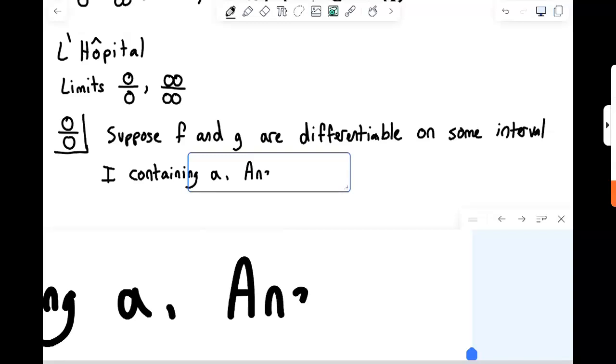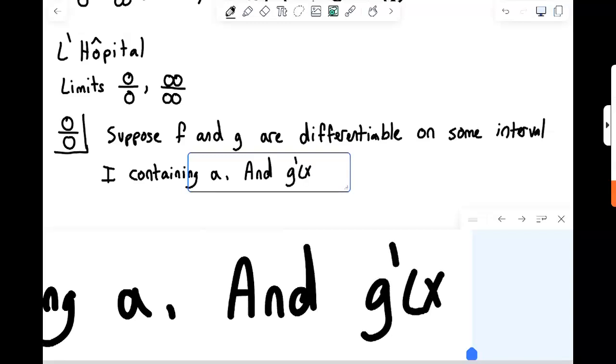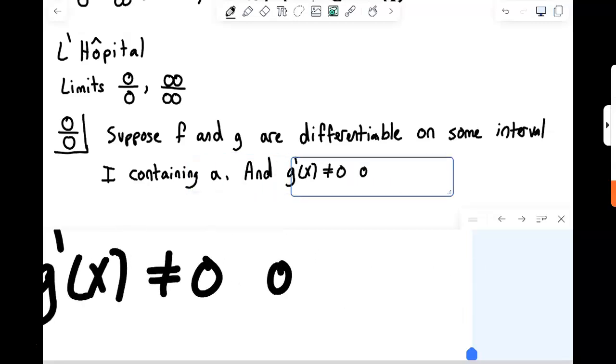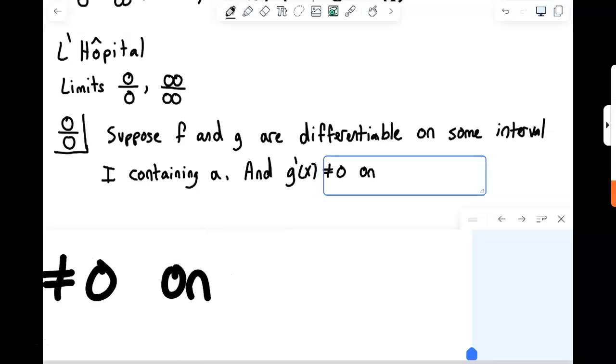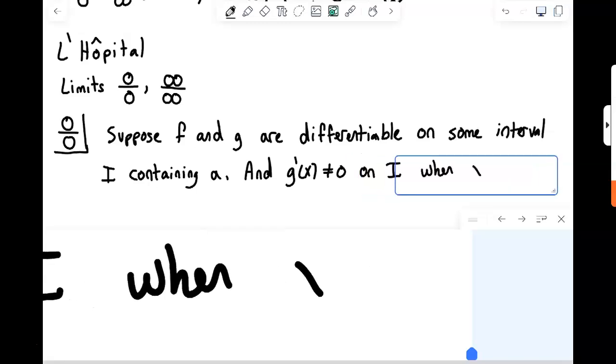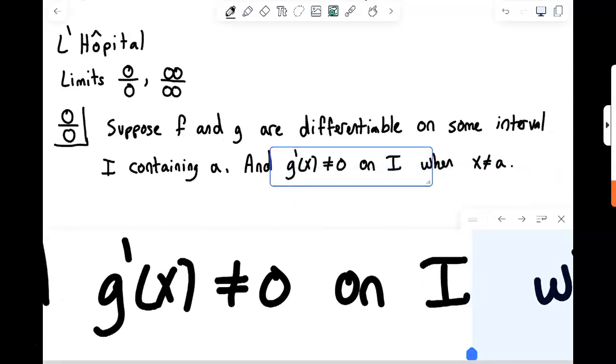Furthermore, we assume that g prime of x is not 0 on the interval as long as x is not equal to a. It's okay for it to be 0 at a, but it can't be completely 0.